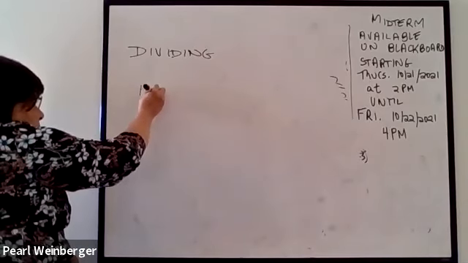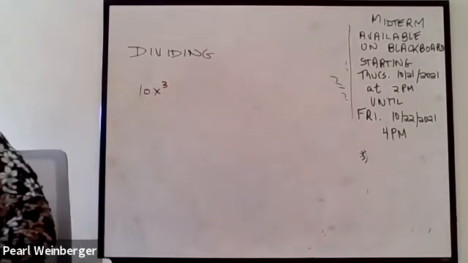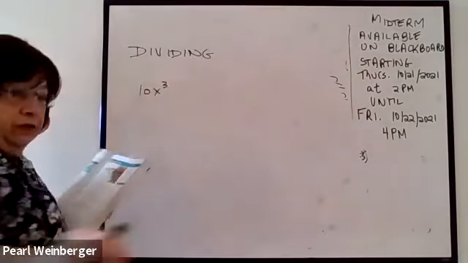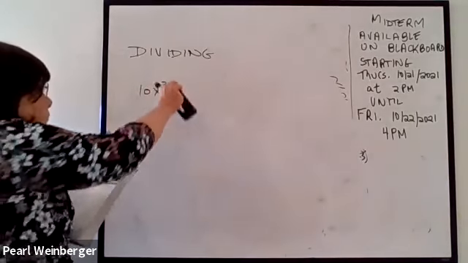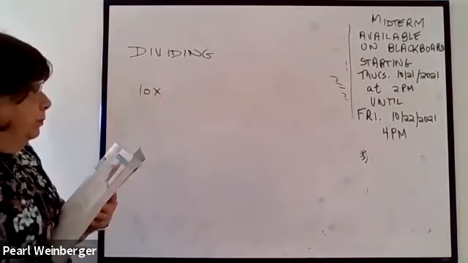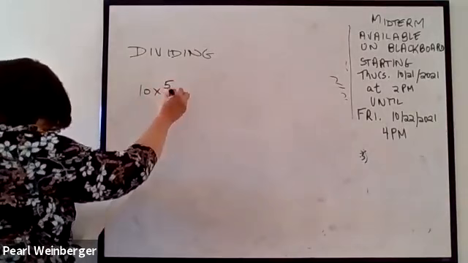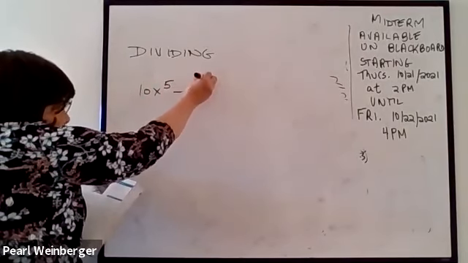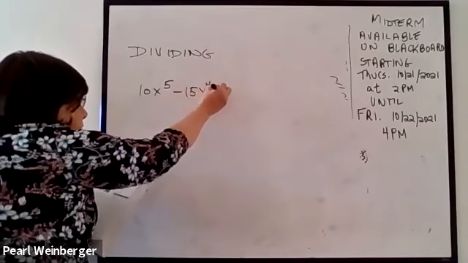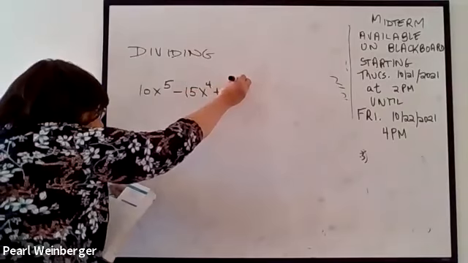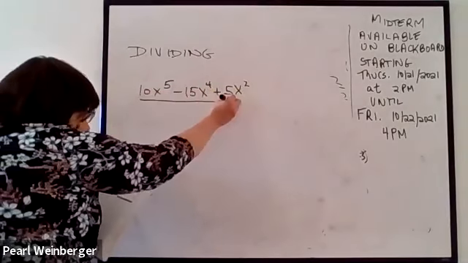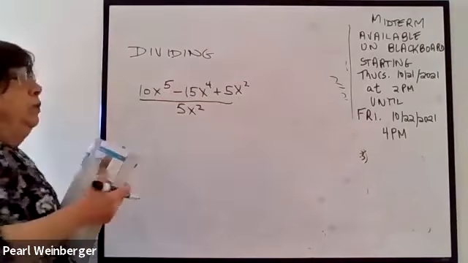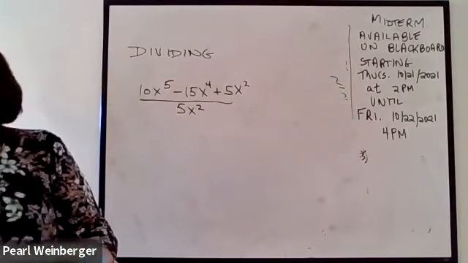I have 10x to the fifth minus 15x to the fourth plus 5x squared. I have that polynomial and it's over 5x squared. And what we're told to do with this is to divide.